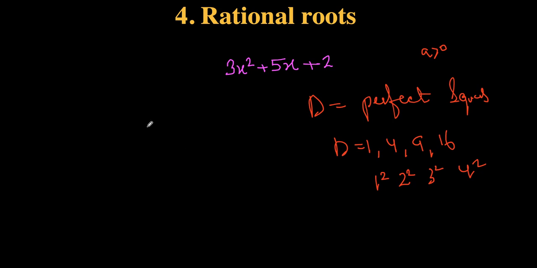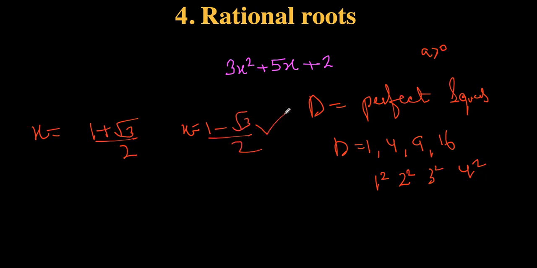what is the difference between the rational and real? In real roots, everything can come. Your x value can be 1 plus root 3 over 2, and another can be x is equal to 1 minus root 3 over 2. So these are real numbers. Okay, and if you write x is equal to 2 and another x is equal to minus 1 over 4, this is a rational number.